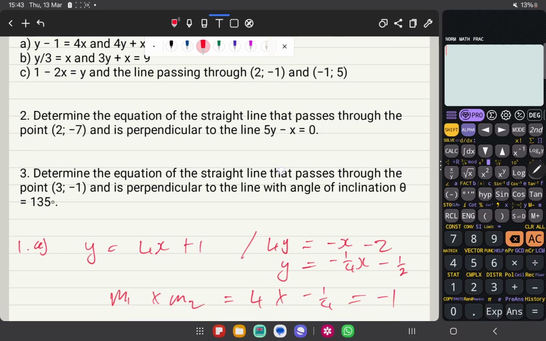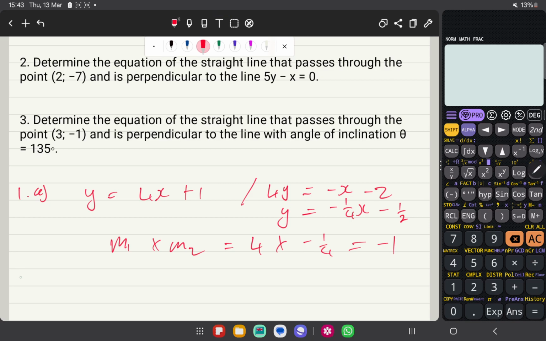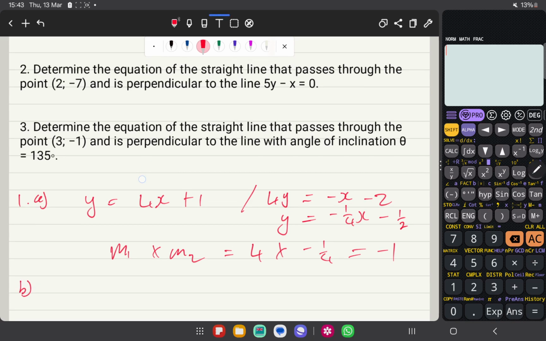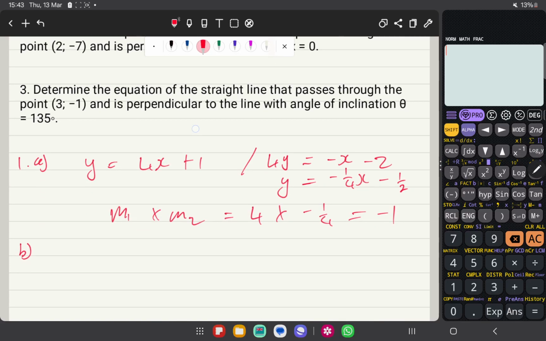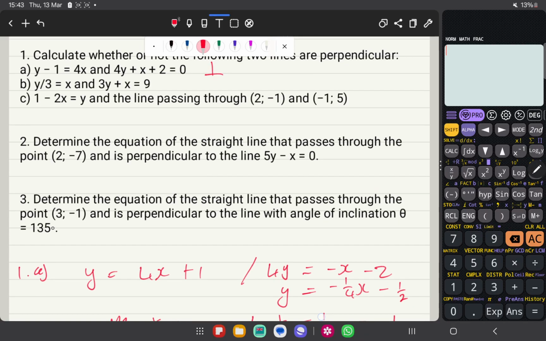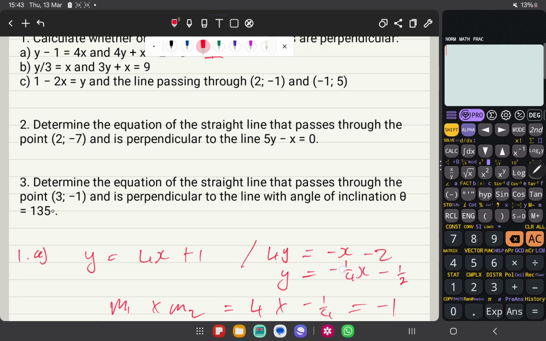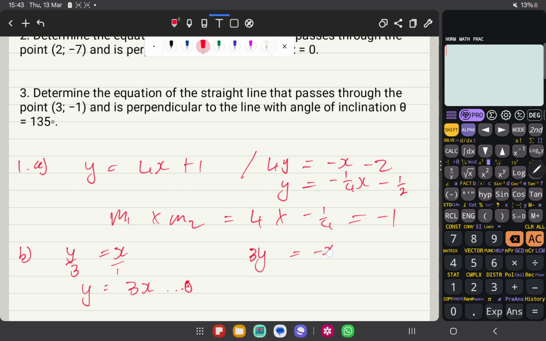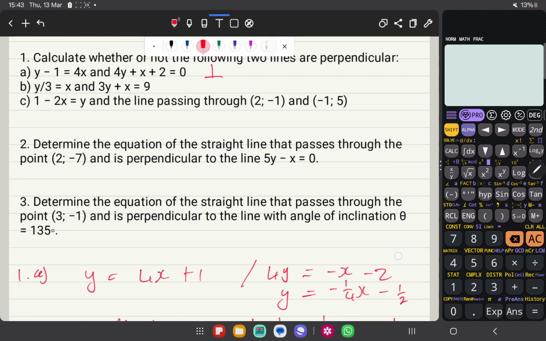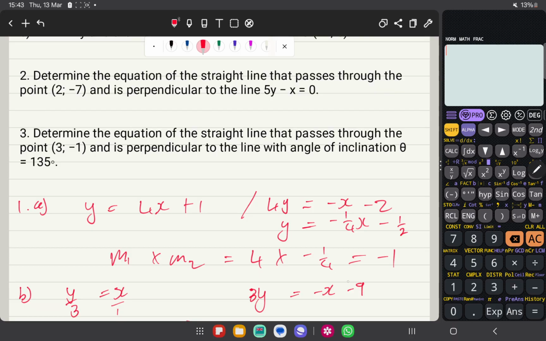Let's go for 1b. I have y over 3 equals x. I can just cross multiply, then I have y equals 3x. This is equation 1. For equation 2, I have 3y, which will give me minus x plus 9.